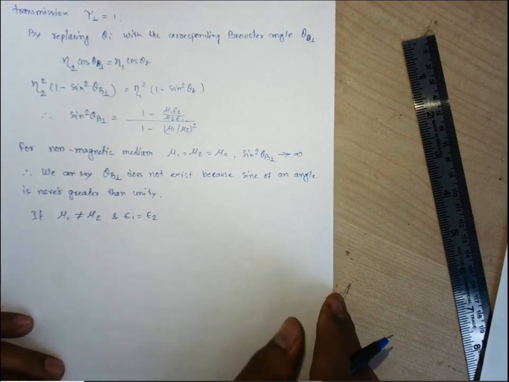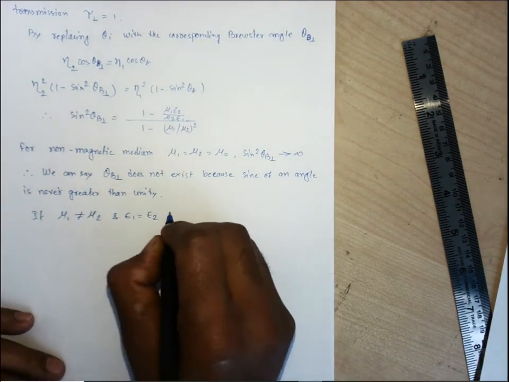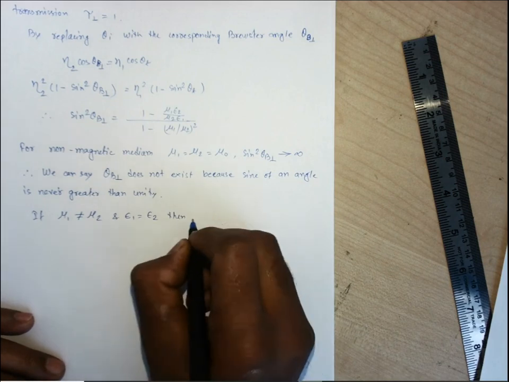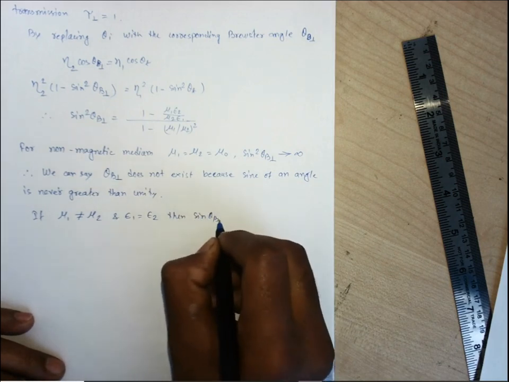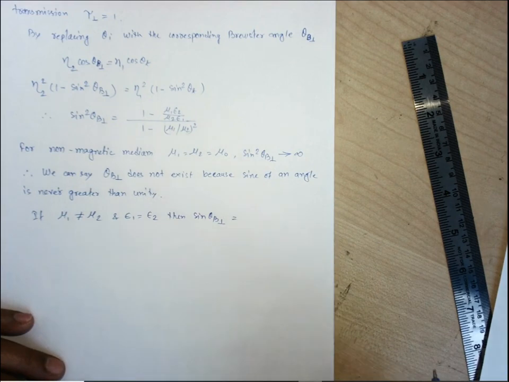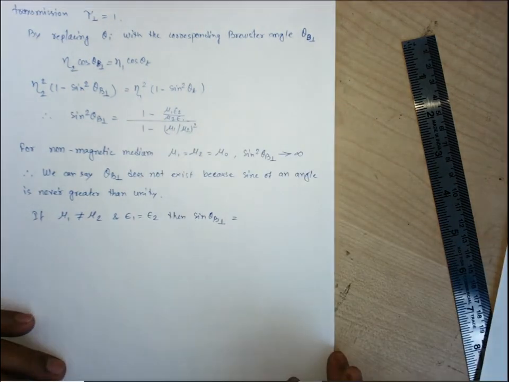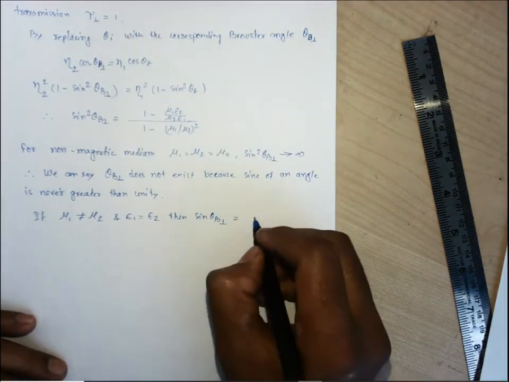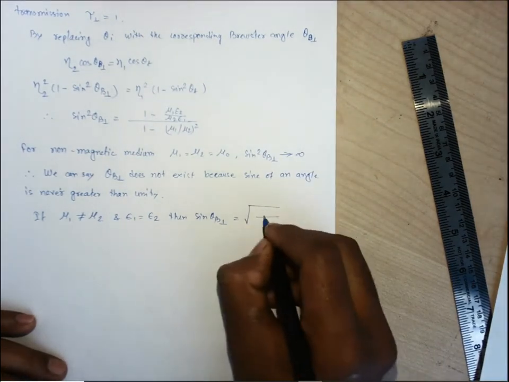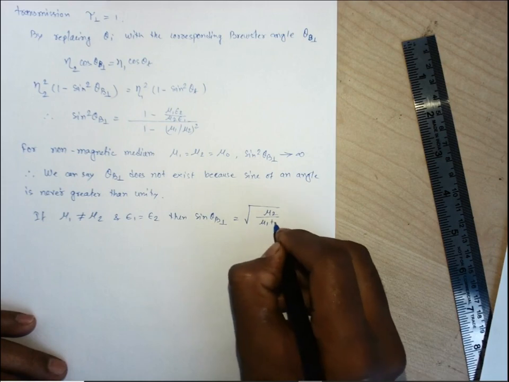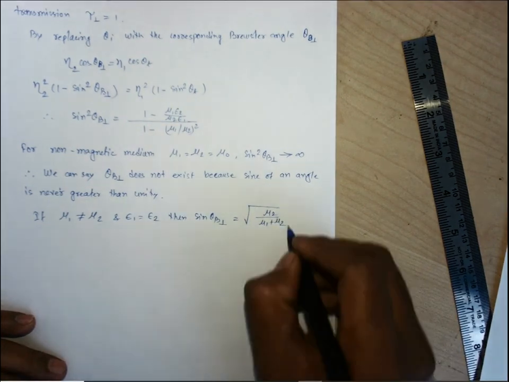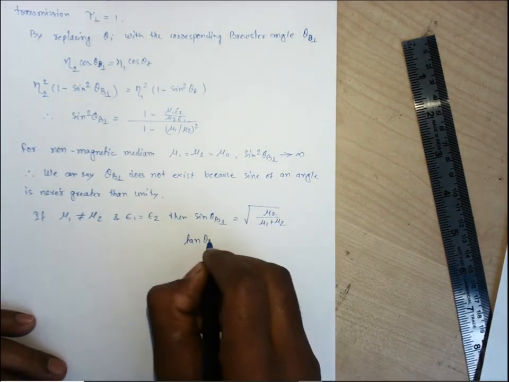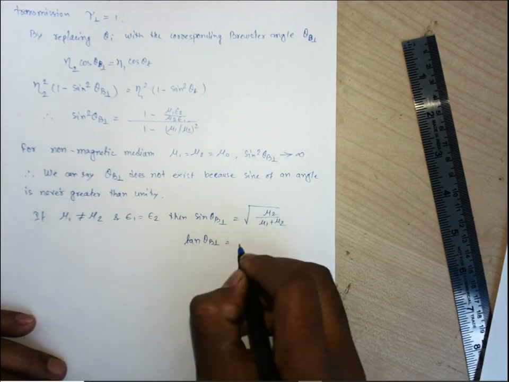Now if mu 1 equals mu 2 and epsilon 1 equals epsilon 2, for that case we can have the simplified Brewster form. Then sine theta b perpendicular, with epsilon 1 equal to epsilon 2, one of the terms will get cancelled. We can have mu 2 by mu 1 plus mu 2, or tan theta b perpendicular is mu 2 by mu 1.